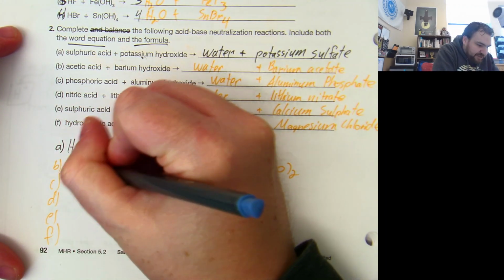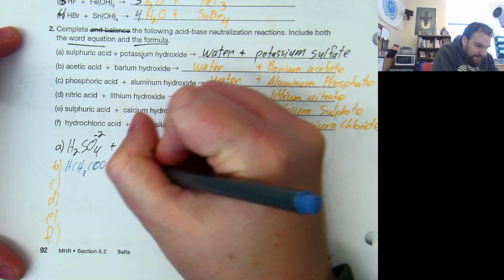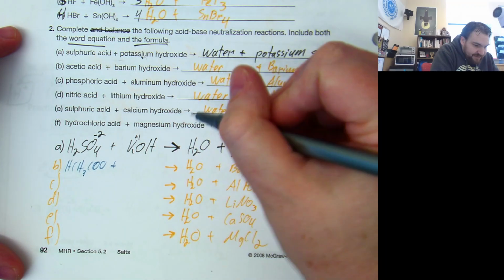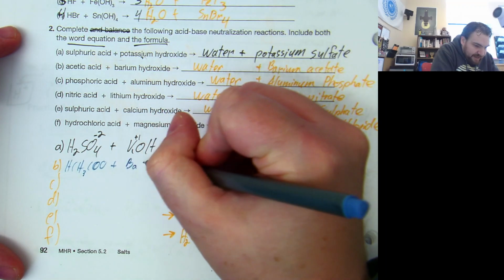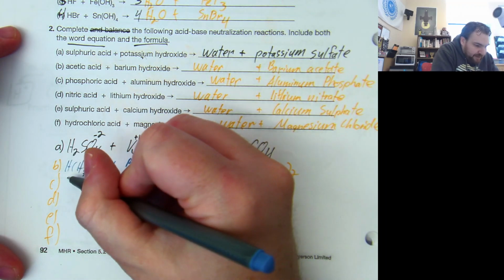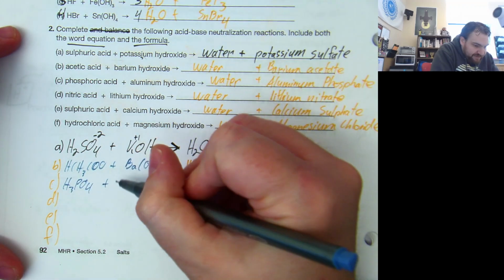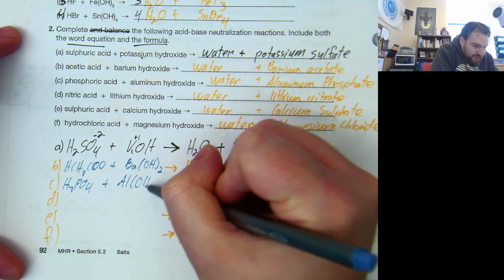This would be HCH3COO plus BaOH2. This one would have been H3PO4 plus AlOH3.